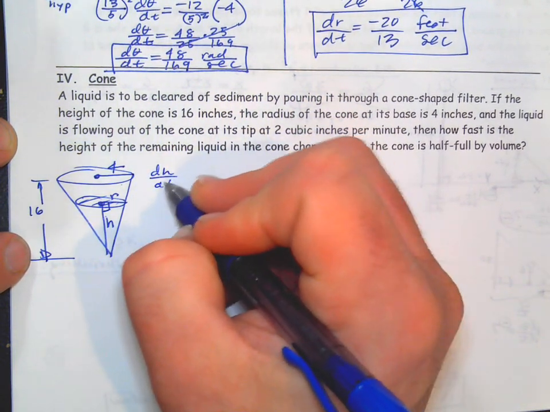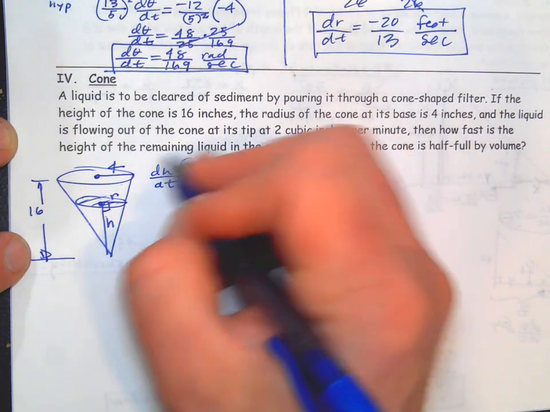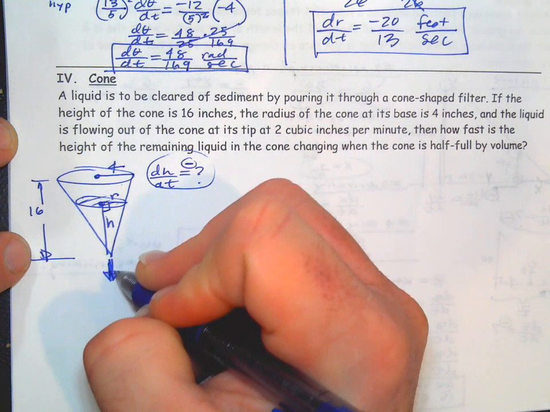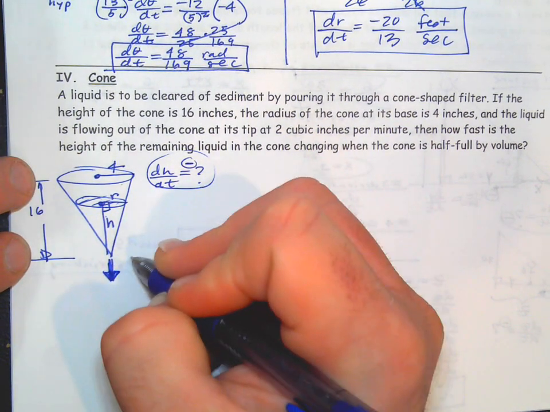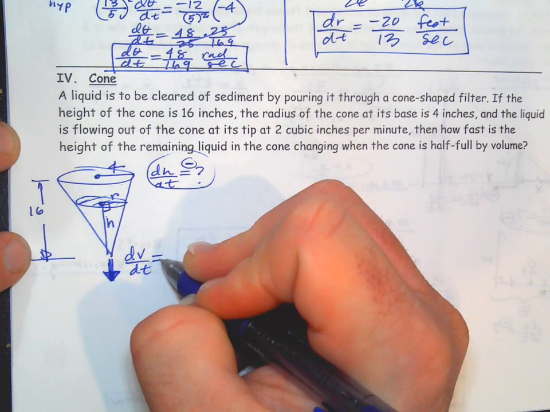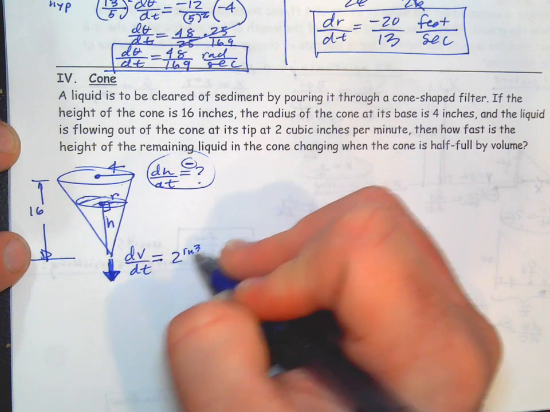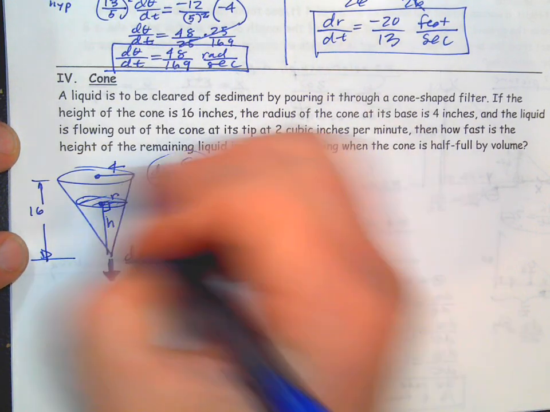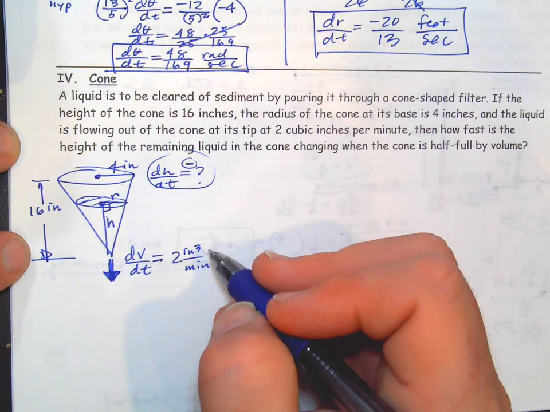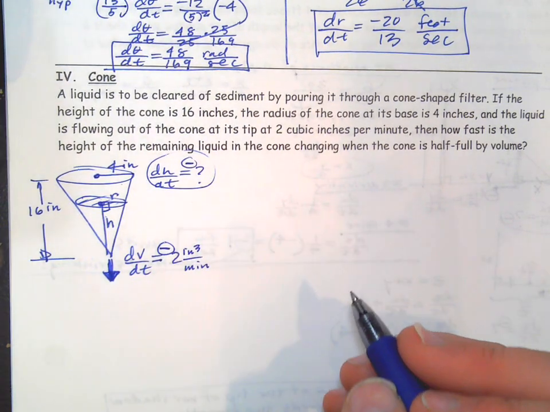So we're looking for dh/dt. It should come out negative because the height should be shrinking, because we're losing water at the tip. Now this is a volume of water, so this is dV/dt, and it says 2 cubic inches per minute. Now, should we treat it as negative or positive? Well, since we're losing it, we're going to put a negative on it.